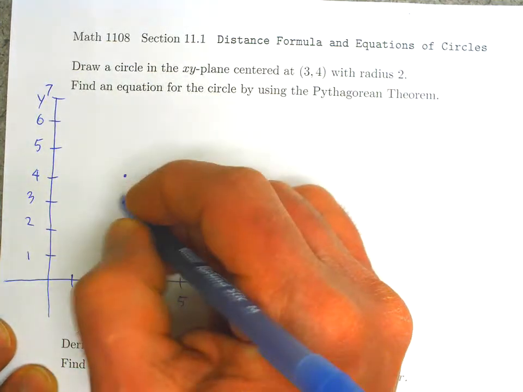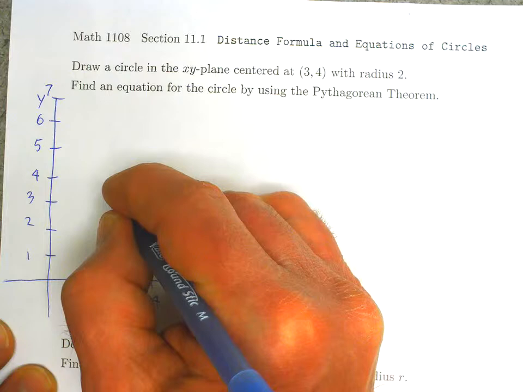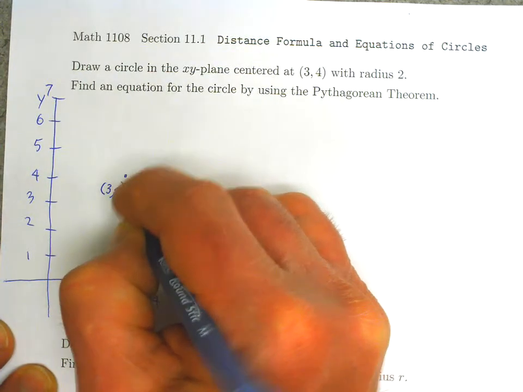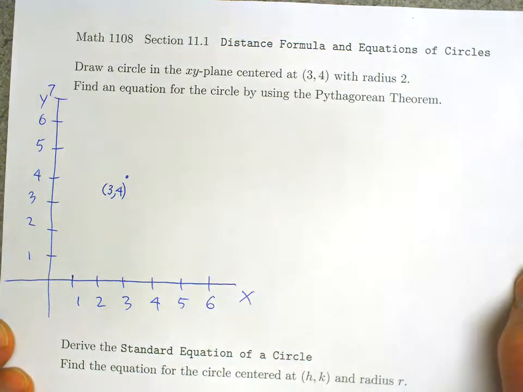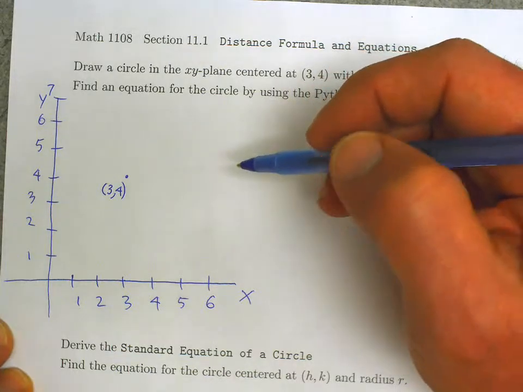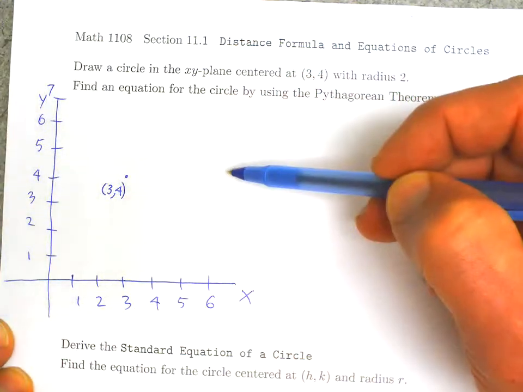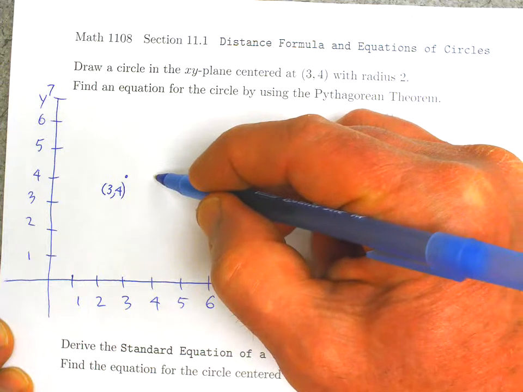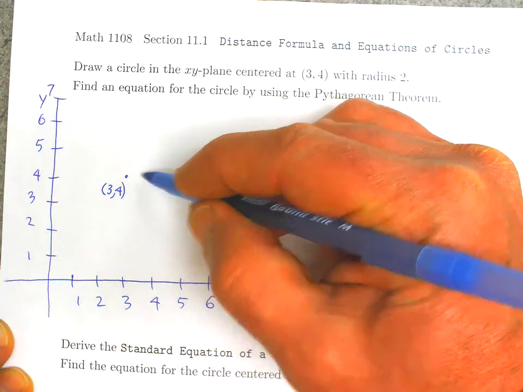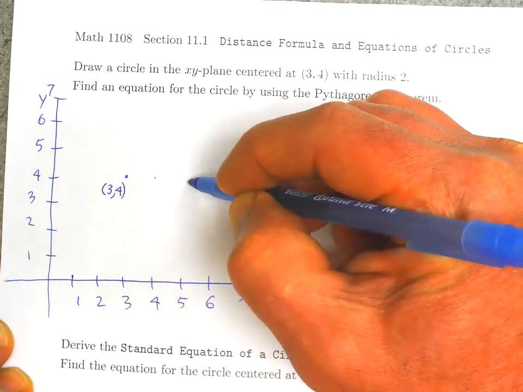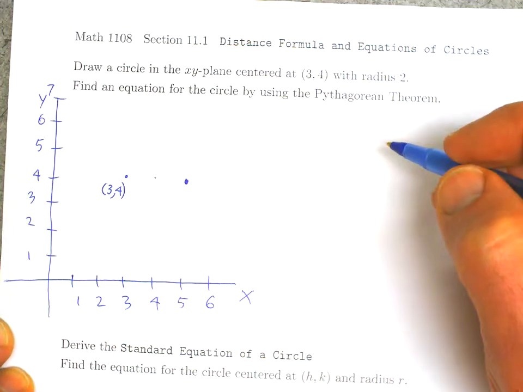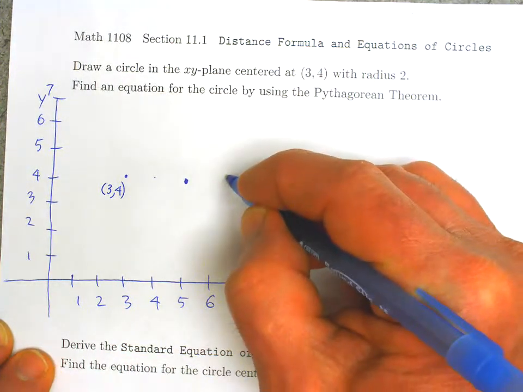The center itself is not part of the circle, but it's still an important point to know about. And then the radius is 2, so along a horizontal line, I can find a couple of points that are on the circle. So if I move 2 units to the right from the center, I get this point, which has coordinates 5, 4.